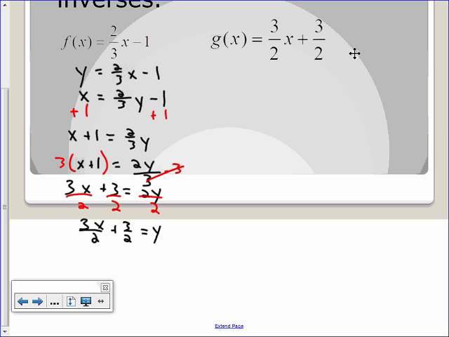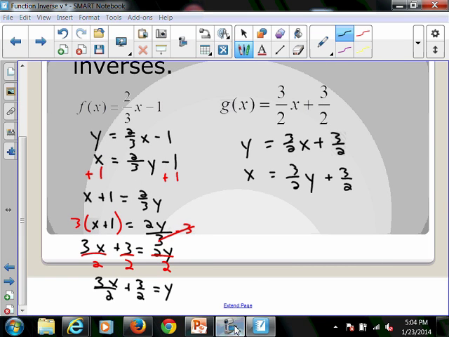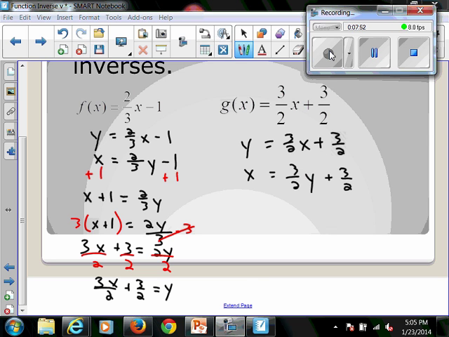Is that g of x? It is. Now we're going to find g of x. Alright, let's solve for y. So we're going to subtract 3/2.